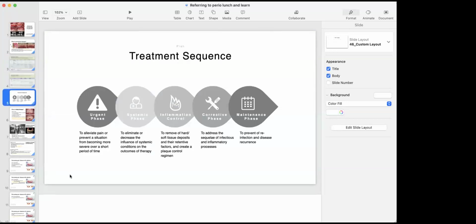The first case I'm going to talk about is osseous surgery. For the treatment sequence, we always start osseous surgery with SRPs. No matter if it's a cash patient or insurance patient, everyone starts with SRPs.